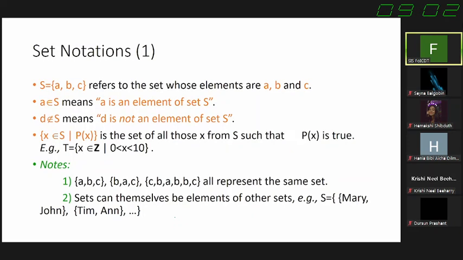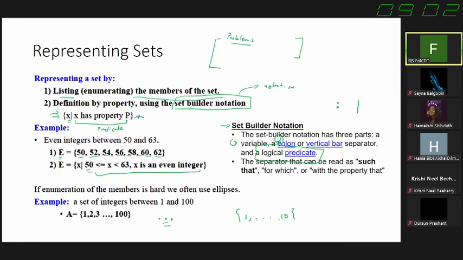Okay. Let's say you have a set that contains elements from 1 to 100.